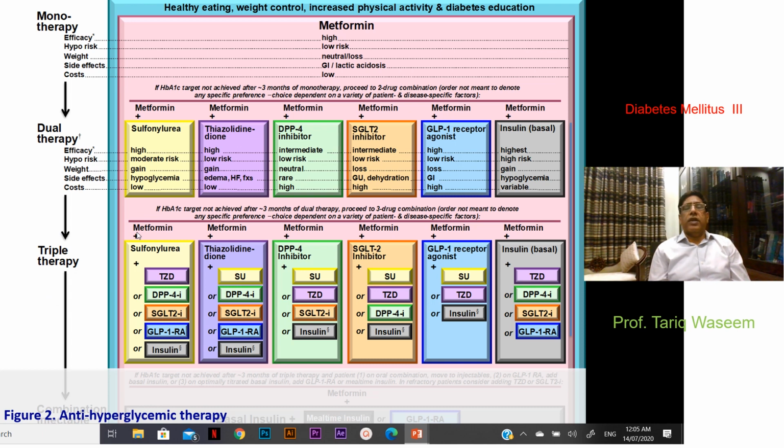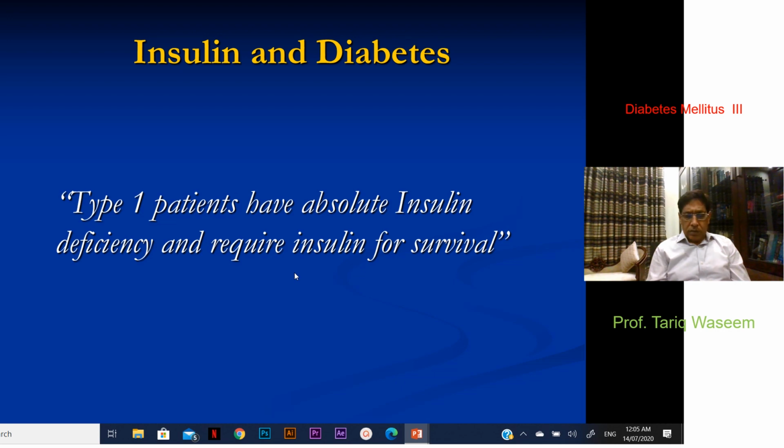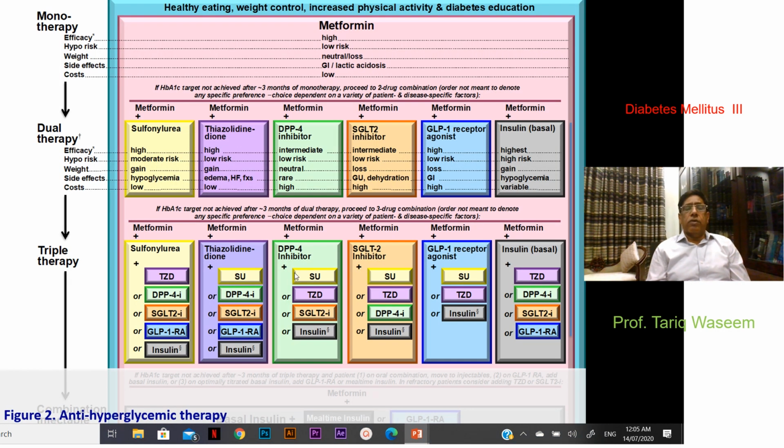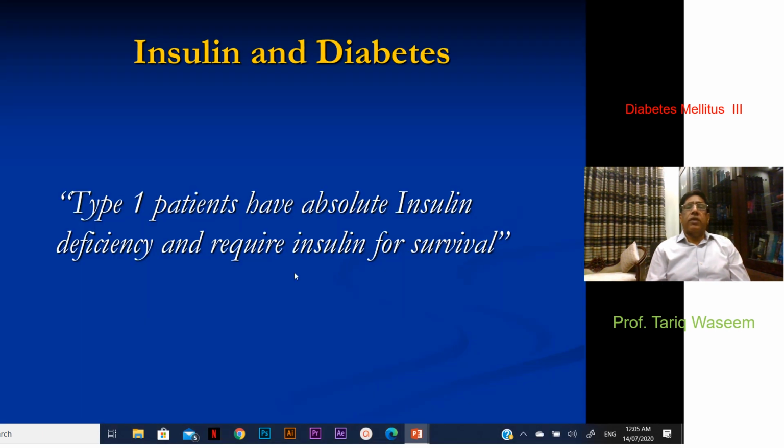So if the first line was metformin and the second line was any one of these agents, you can add any combination of your choice, keeping in mind your patient's profile and the side effect profile of each of these agents. Again, if it is still not on target, then probably you have to think of adding on insulins or other agents.